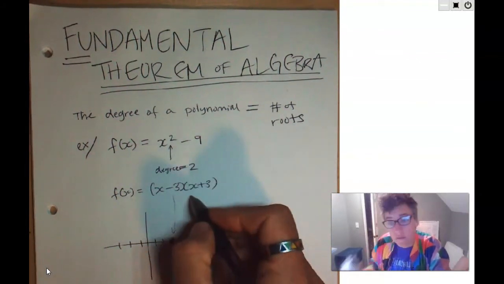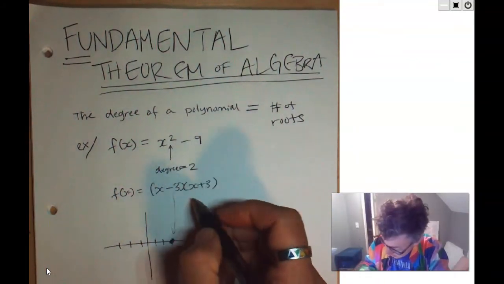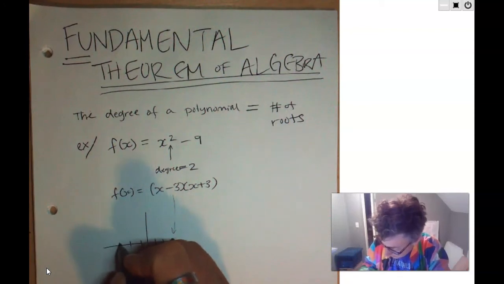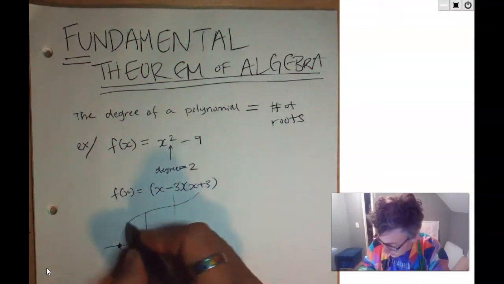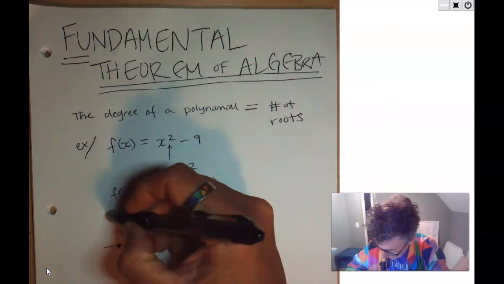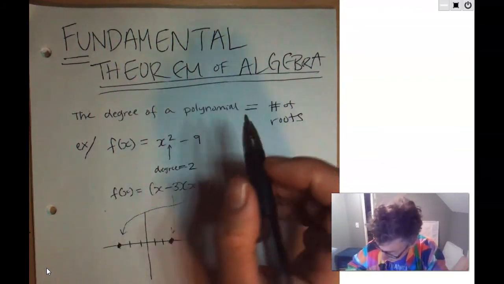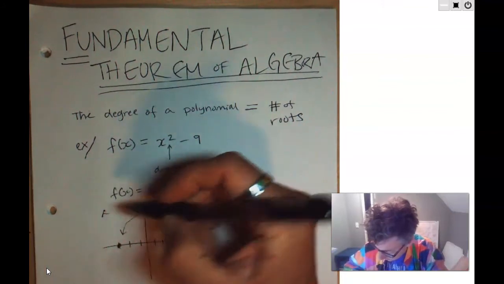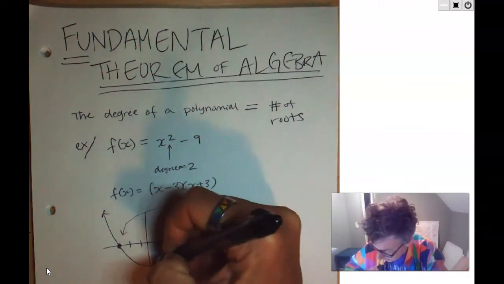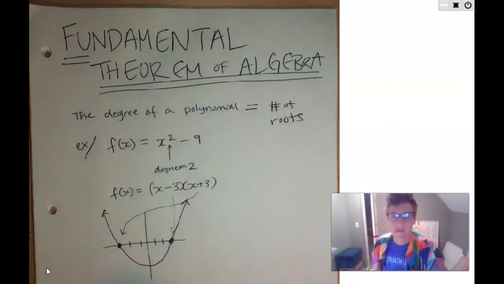And we would have a root at negative 3 from this factor. And it's a positive even function, so it goes up on both sides. It would look something like this.